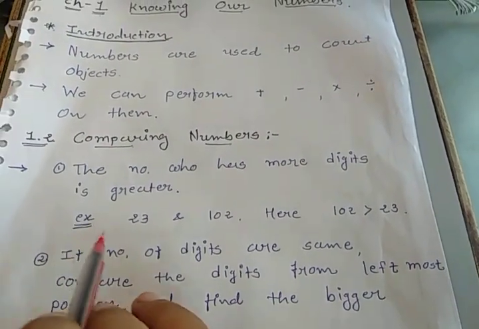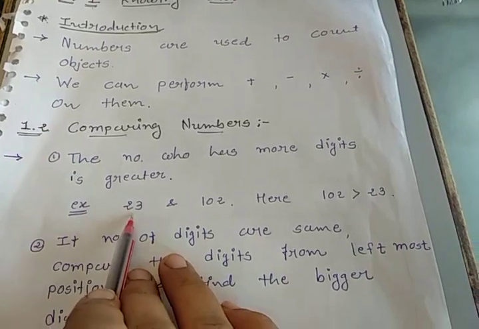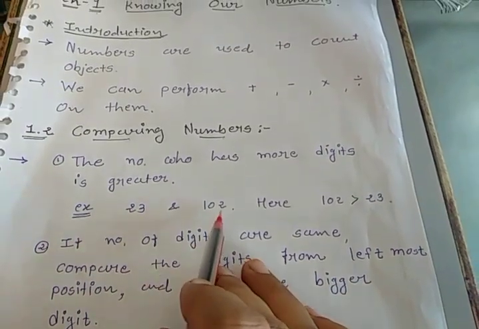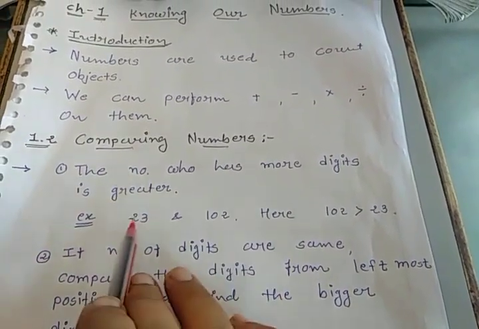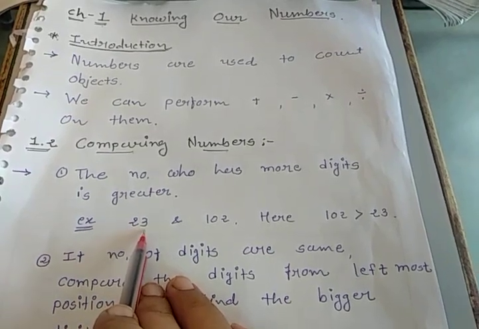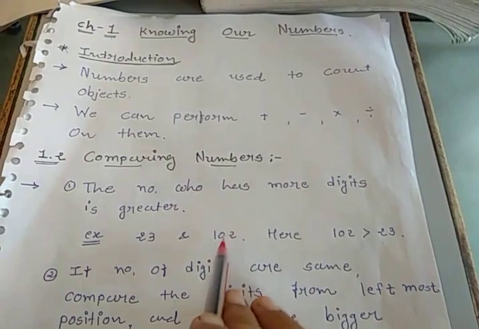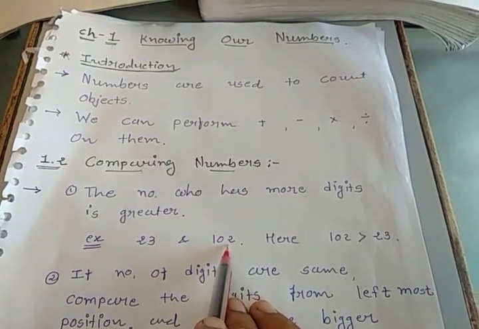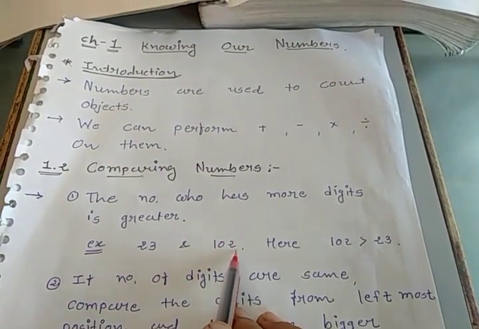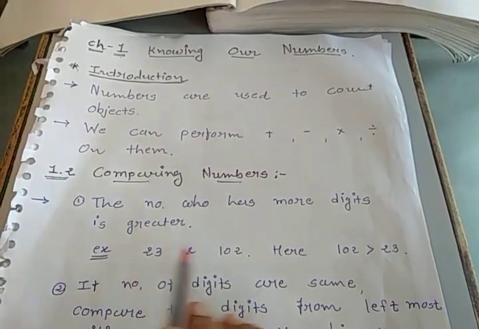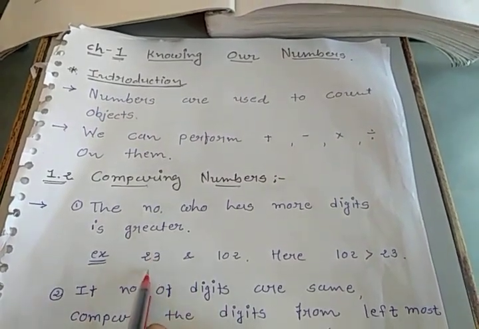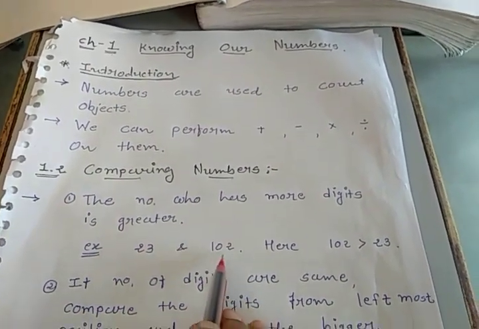Let me take one example, 23 and 102. 23 has how many digits? 2 digits, 1 and 2. Now 102 has how many digits? 3 digits, 1, 2 and 3. So number of digits 2, number of digits 3.